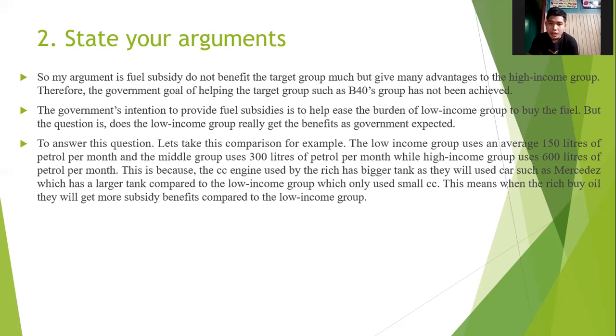This is because the CC engine used by the rich has a bigger tank, as they will use cars such as Mercedes, which has a larger tank compared to the low income group which only uses a small CC engine. This means when the rich buy oil at the nearby station, they will get more subsidy benefit compared to the low income group.